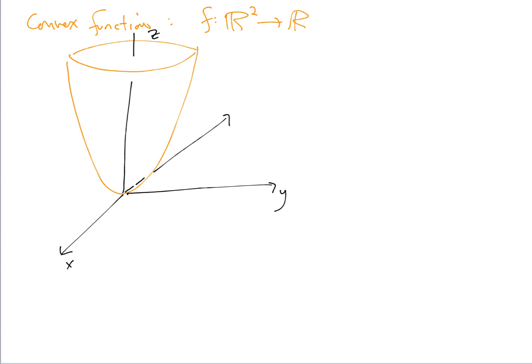But the idea is still the same. Here, if you pick your x and y in the domain and look at the function evaluated at these points, then the line segment connecting the two is going to be above the graph. So any point on this purple line segment would be directly above the graph over this line segment connecting x and y in the domain.